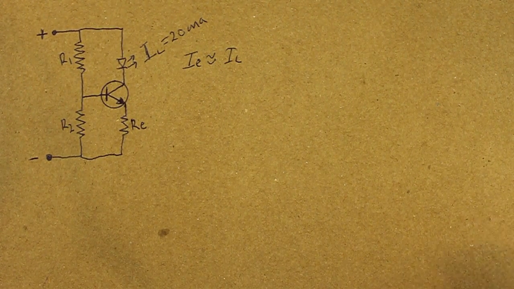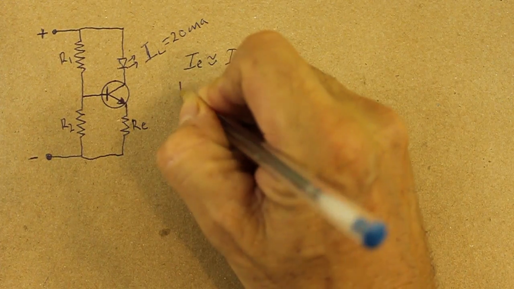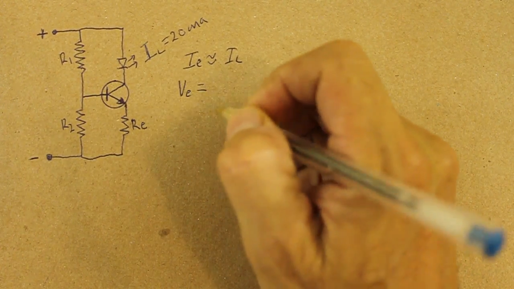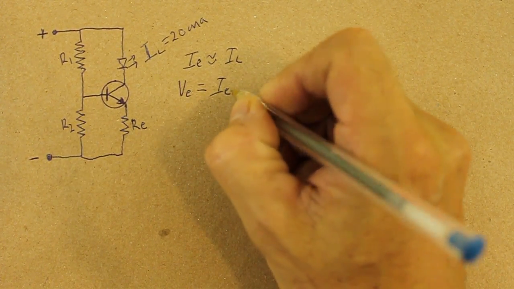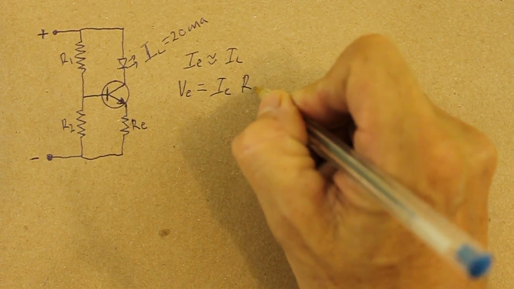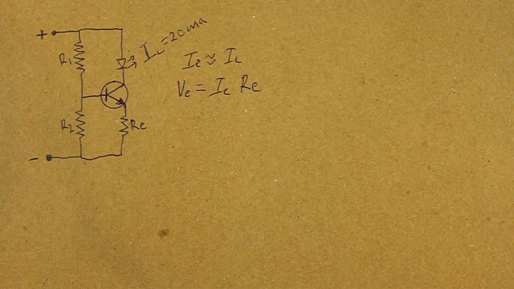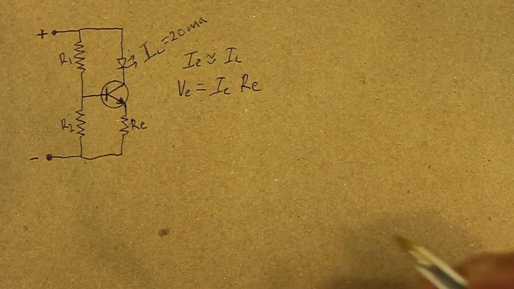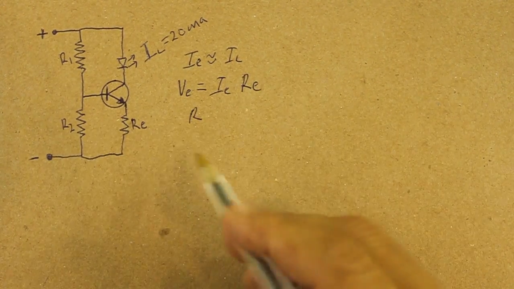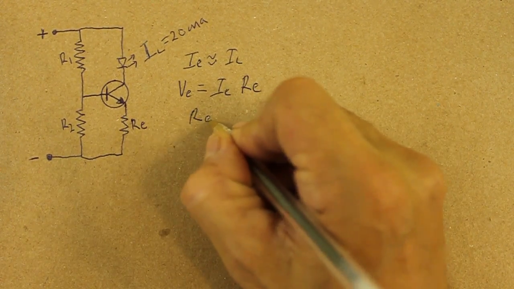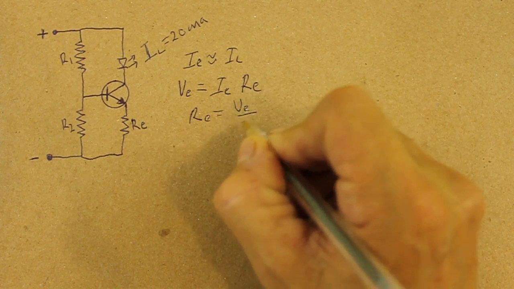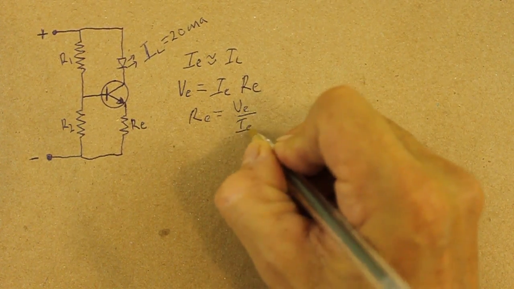Now, using Ohm's law, we know that the emitter voltage is equal to the emitter current times the resistance at the emitter. Therefore, the resistance at the emitter will be equal to VE over IE.